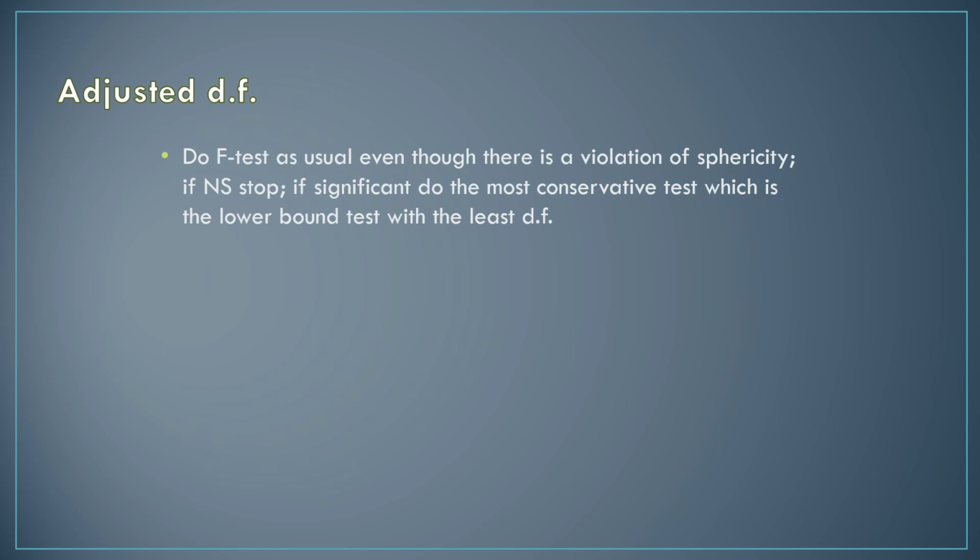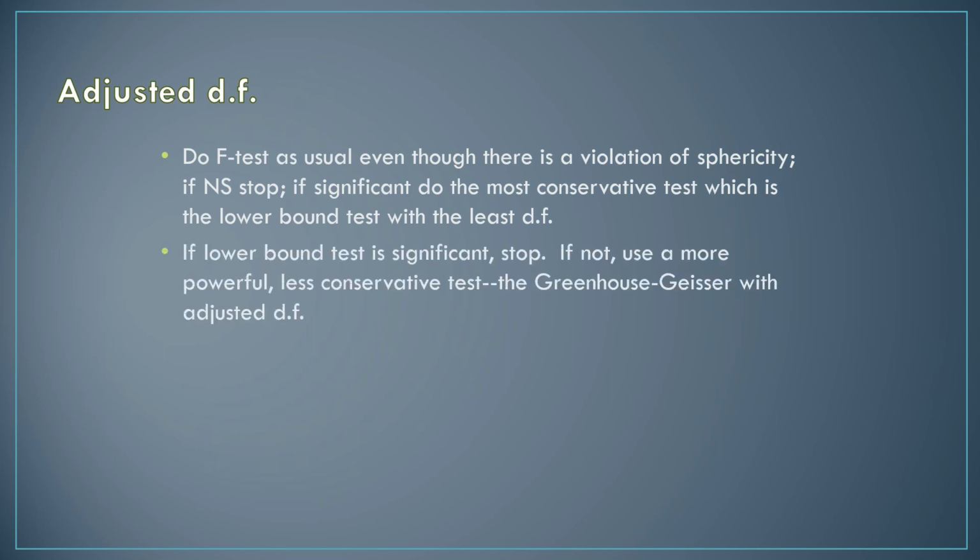If it's significant, then you use the most conservative test, which is the lower bound test, with the least degrees of freedom. So this would be the most stringent test you could do to be able to look at your values. If the lower bound test is significant, then you stop. If it's not significant, then you have to use a more powerful, less conservative test.